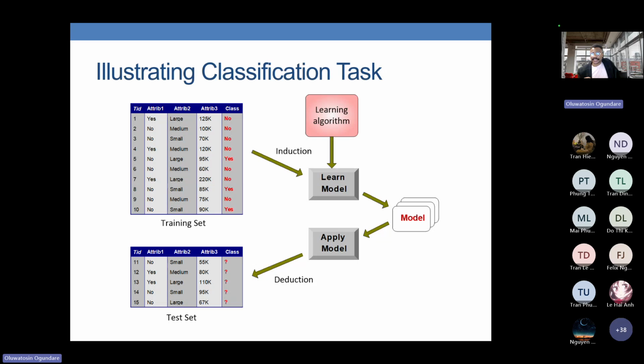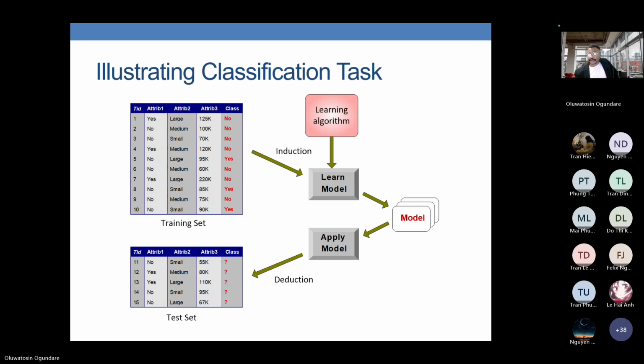And number 14 is no, small, 95K. When you look at our training set, it's very likely that we would approve this because we have an example that says no, small, 90K.